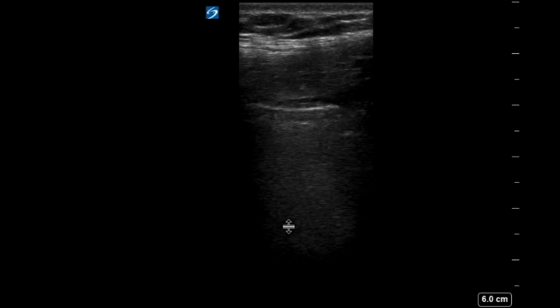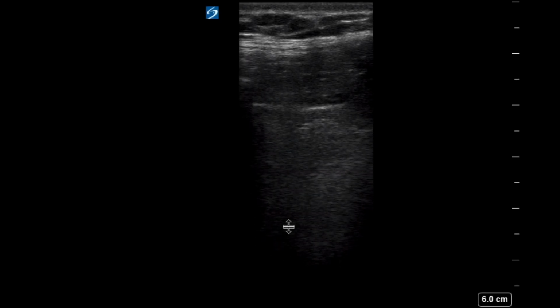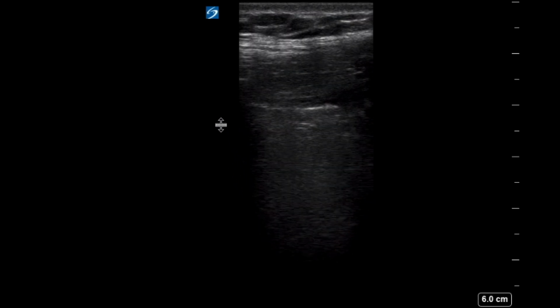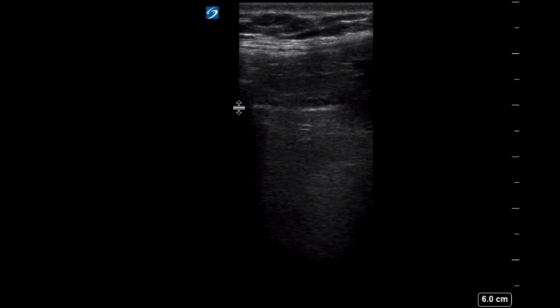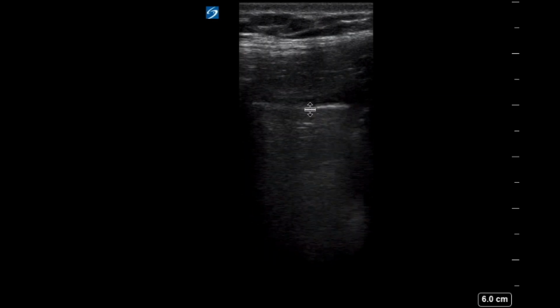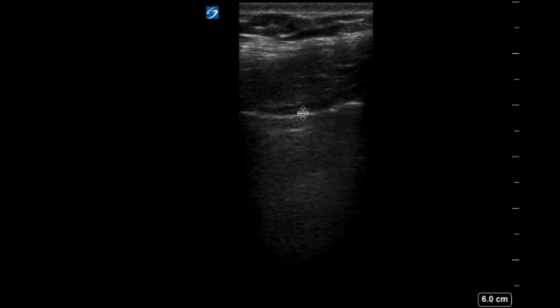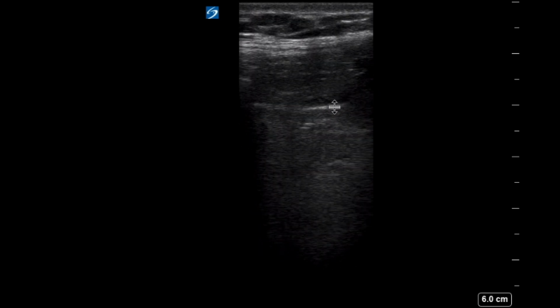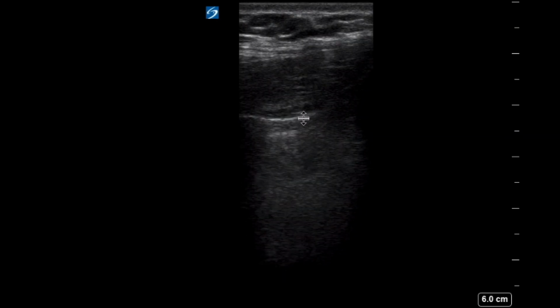So one other thing that we can find in a pneumothorax is this finding here, where we're looking at the pleural line. Now here it's a little bit more superficial than the previous image, but we can see part of the pleural line here between the rib space, and then we see the pleural line as it continues this way. And we see a little bit of movement on the right-hand side.